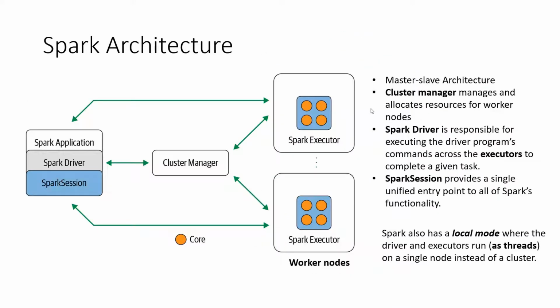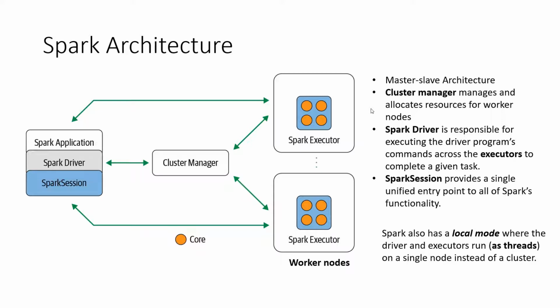Spark uses a master-slave cluster architecture. There are one or more cluster managers who are responsible for managing and allocating resources to the worker nodes. Worker nodes consist of a set of executors who are responsible for executing the Spark jobs. A Spark application consists of a Spark driver and a Spark session.